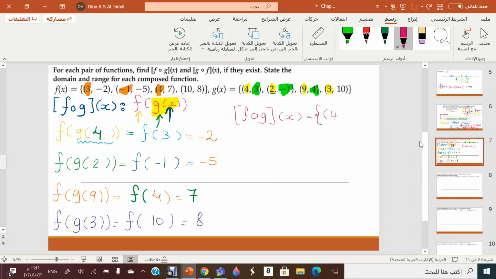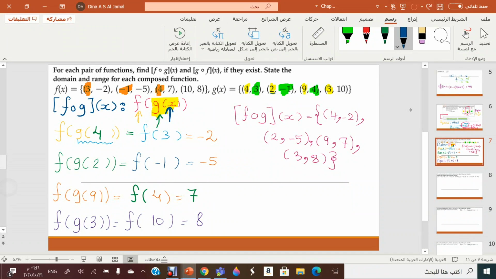So 4 and -2, comma 2 and -5, comma 9 and 7, then 3 and 8. Great.